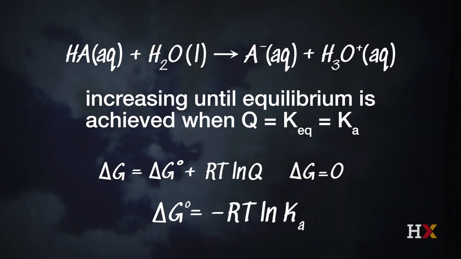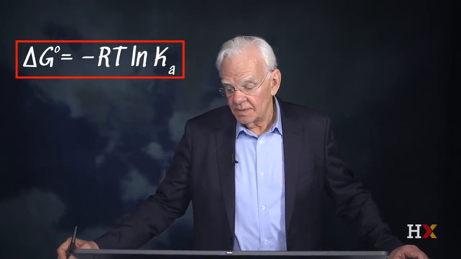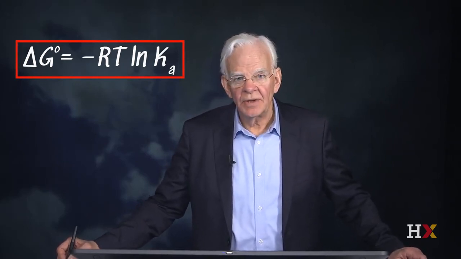And that is the conversion of the general form of Gibbs free energy to the specific form for an acid reaction. So let's take a peek again at this acetic acid reaction.